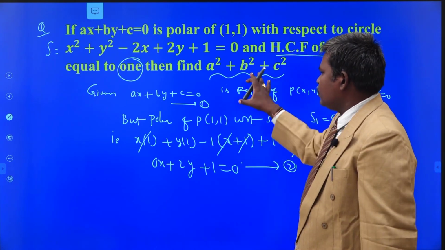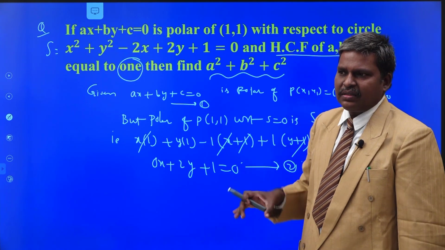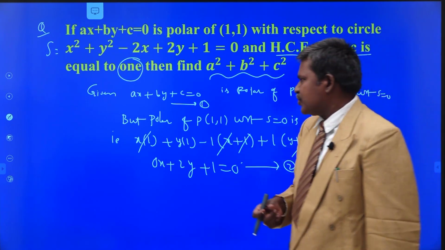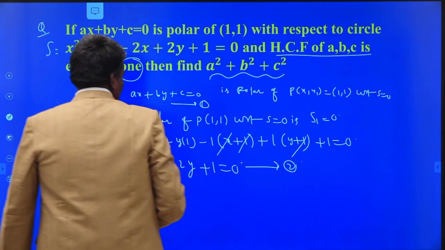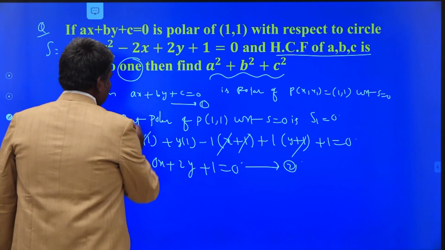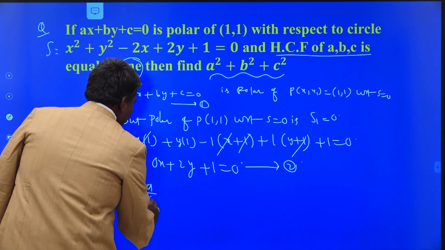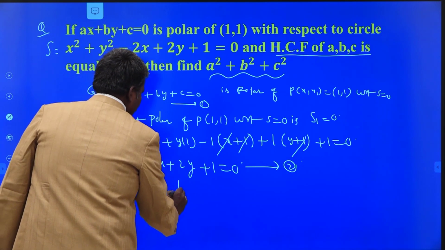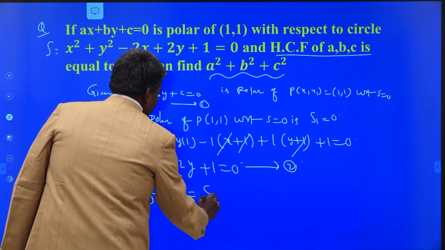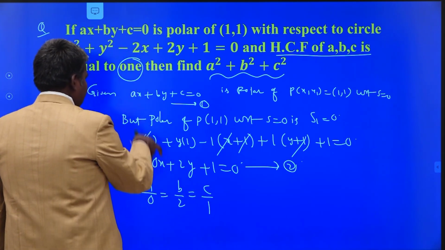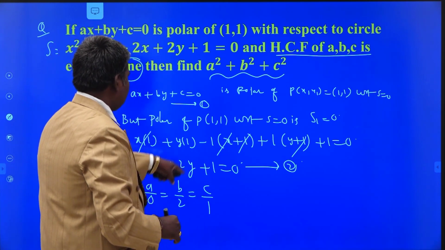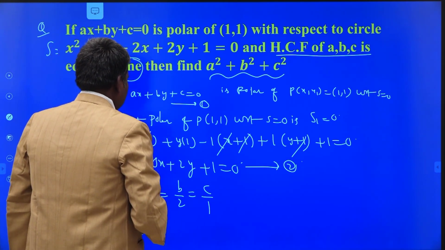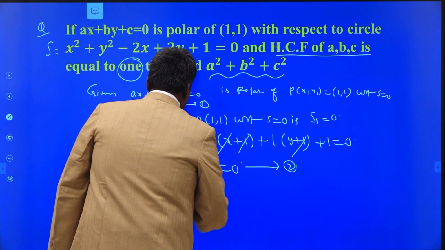So, when these two equations represent the same line, their corresponding coefficients are proportional. Comparing these two equations, what do we get? a by 0 is equal to b by 2 is equal to c by 1. Actually, a is 0 itself. We have to compare these two things. b by 2 equals c by 1. No problem, you may write a by 0.